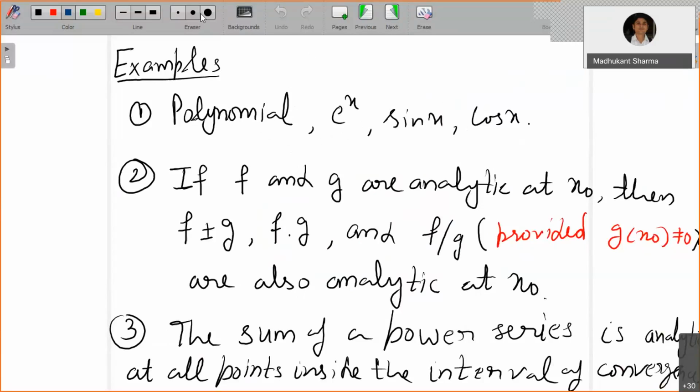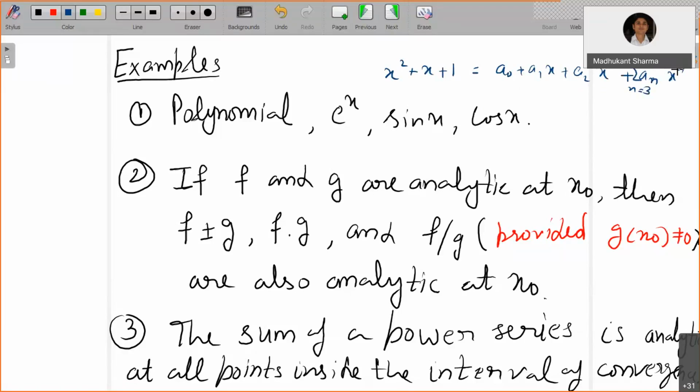Suppose I have a quadratic polynomial; does it have a power series expansion? Yes, you have. This is a0 plus a1 x plus a2 x squared, where a0, a1, a2 are the given coefficients, plus the summation n equals 3 to infinity of an x to the power n, with an equal to 0.